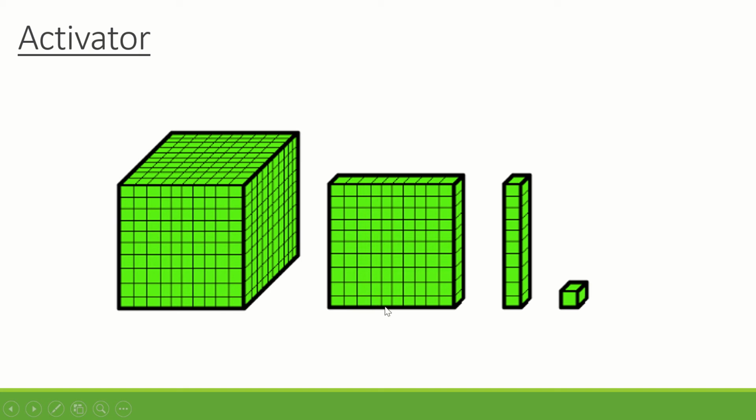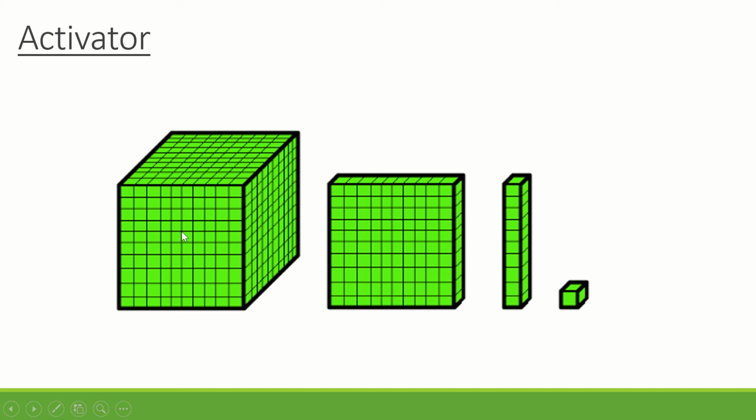Here we have a flat that we said can be used to represent the whole number 100. And we know that a flat can be built out of 10 rods. And if a rod has a value of 10, which it does, and we have 10 of those rods, that's kind of like saying 10 times 10 equals 100.